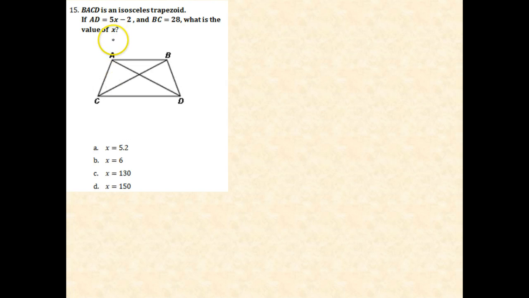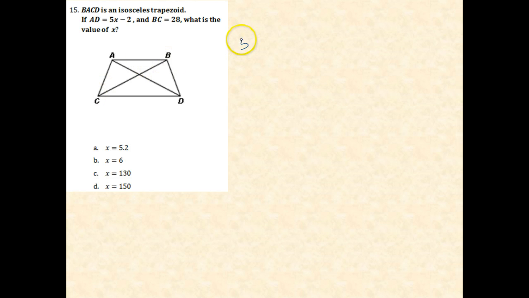Another isosceles trapezoid. So AD is 5x minus 2, and BC is 28. The diagonals are congruent to one another. So AD is going to be the same length as BC.